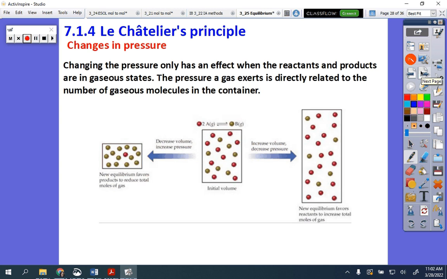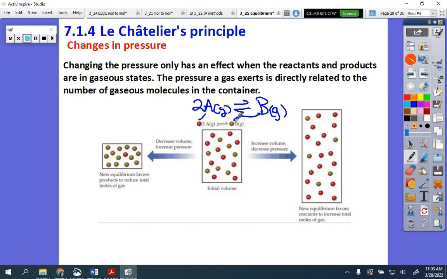So thinking about a reaction, this is kind of hard to see, sorry: 2A gas goes to B gas. All right, so A is our red dots here, B are the yellow dots.